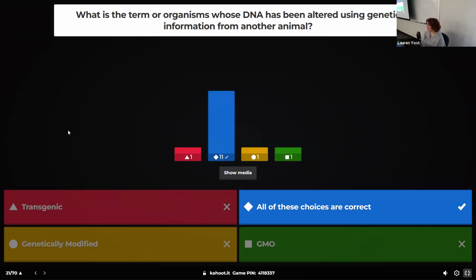We put jellyfish DNA into those E. coli. We didn't actually do it, but in theory we did, right? And so that would be a transgenic organism, also known as a genetically modified organism, or GMO. And so when we are actually literally taking DNA from another organism and putting it into another organism through molecular genetics, that creates transgenic or genetically modified organisms, GMOs.